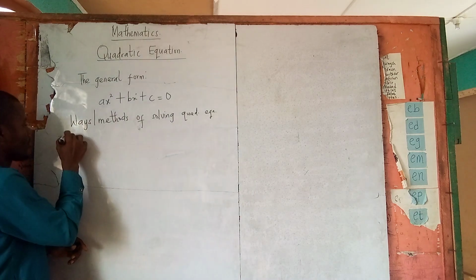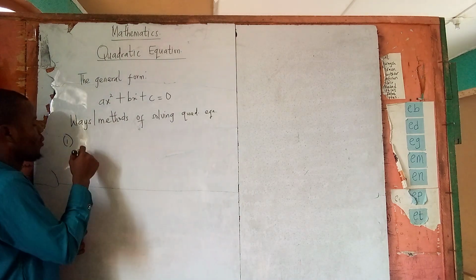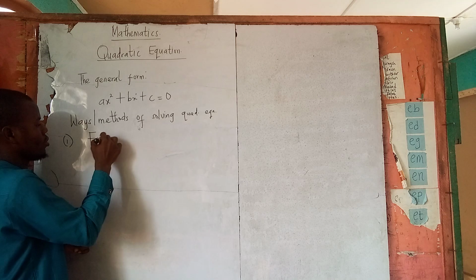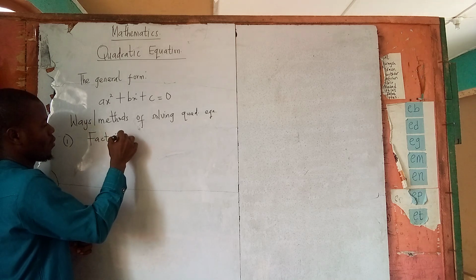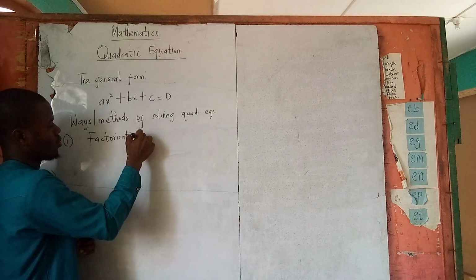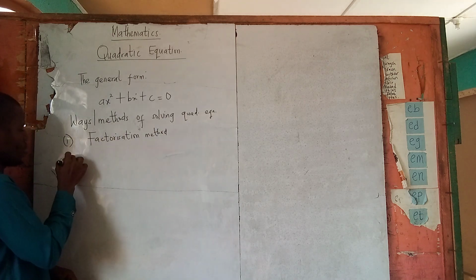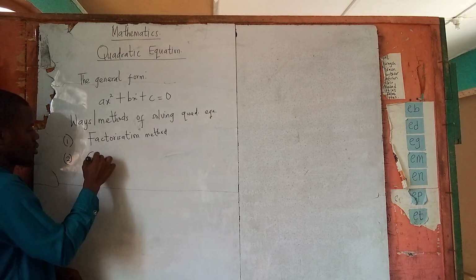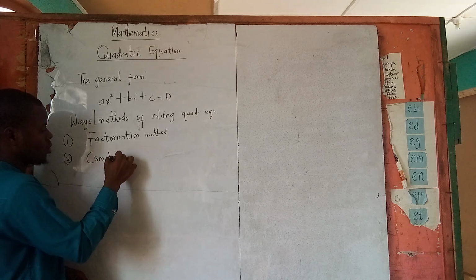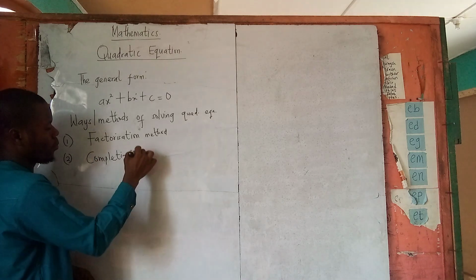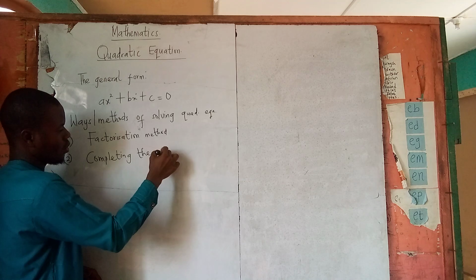Number one, that's what we call the factorization method. You have the completing the square method.